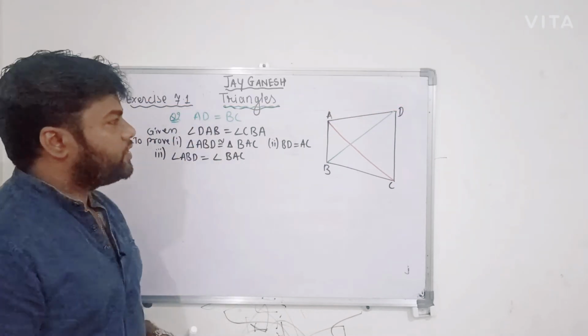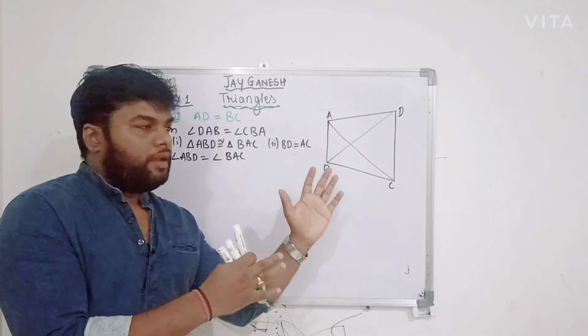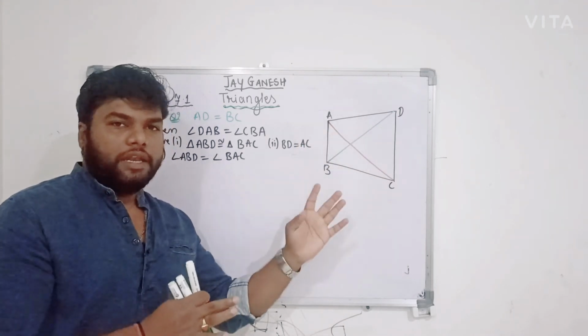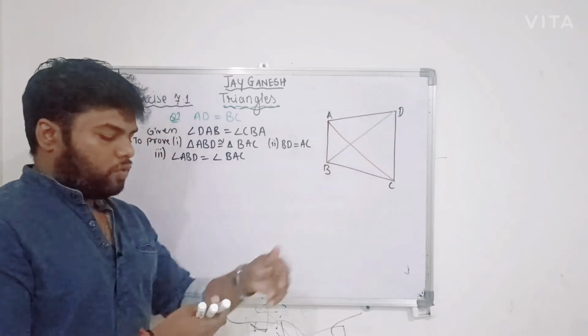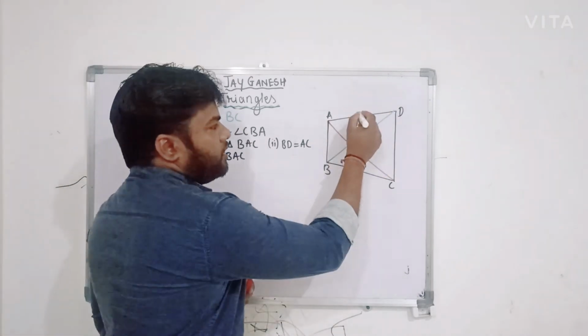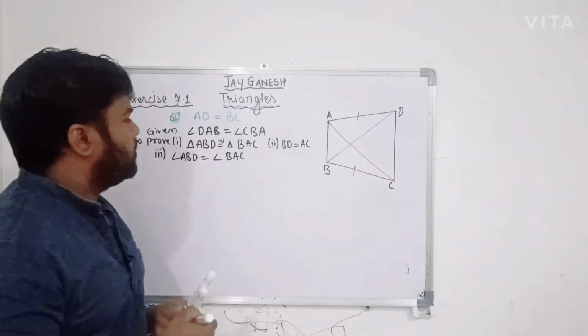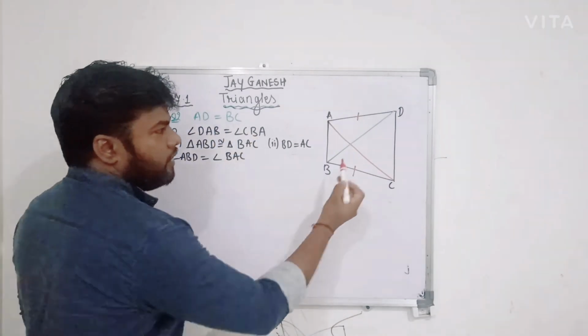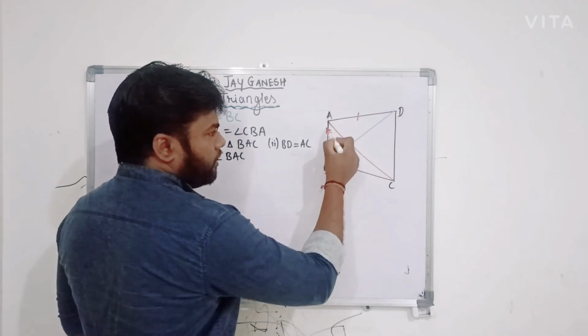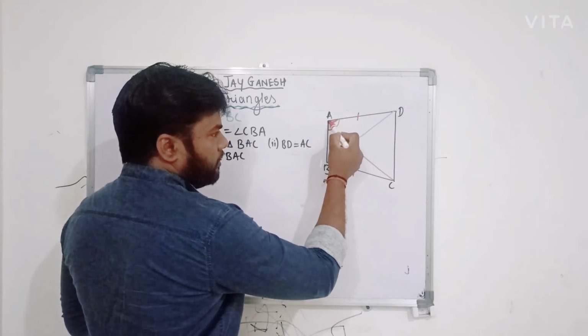Alright. So in which the quadrilateral is given. ABCD is a quadrilateral in which AD equals BC is given. AD equals BC. This is given, that this side is equal to this side. Angle DAB equals angle CBA. Angle DAB, this complete part.